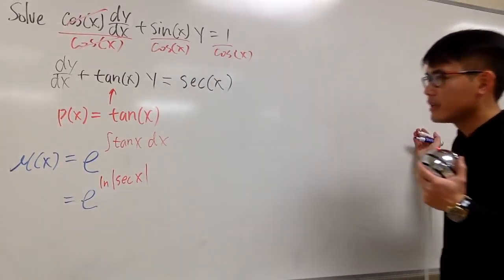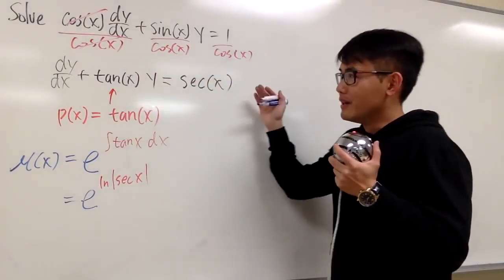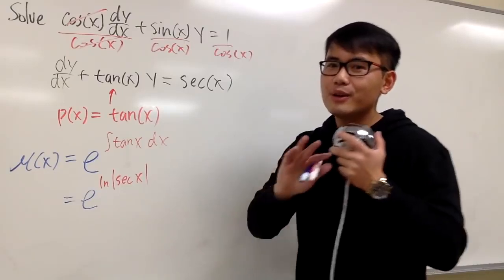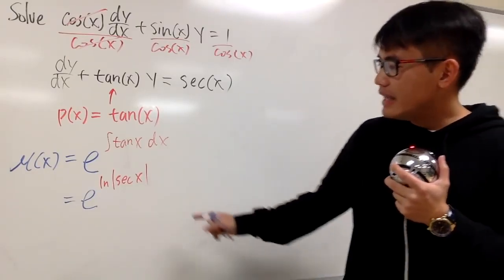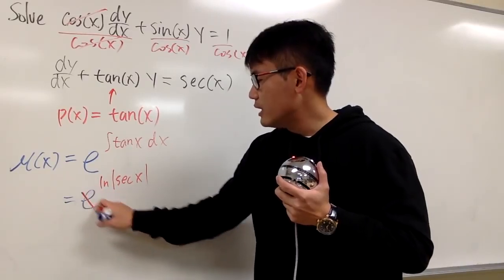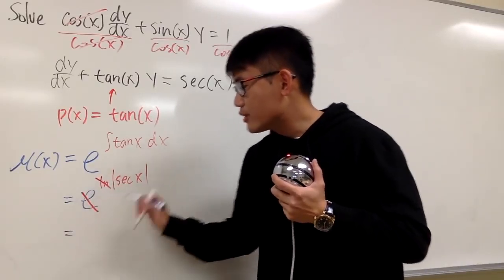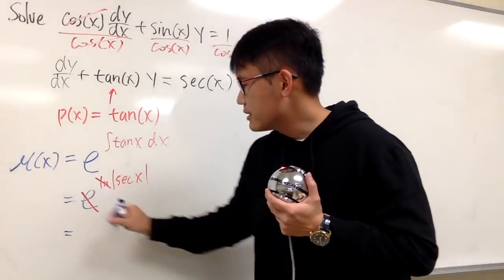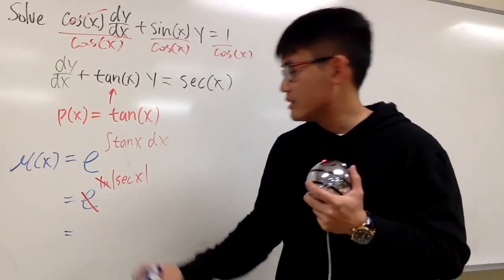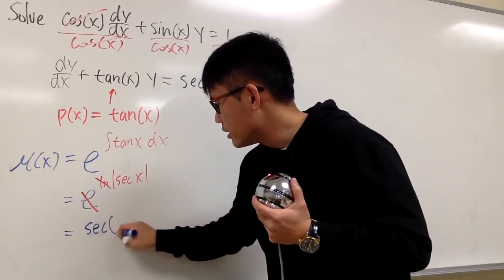The plus c later on, yes, it will come from the process of solving the differential equation, but for the integrating factor, don't worry about it. And in fact, what I'm going to do next is cancel out the e and the ln, and I'm just going to say mu of x. Instead of saying absolute value of secant x, I'm just going to use the positive version, secant of x.